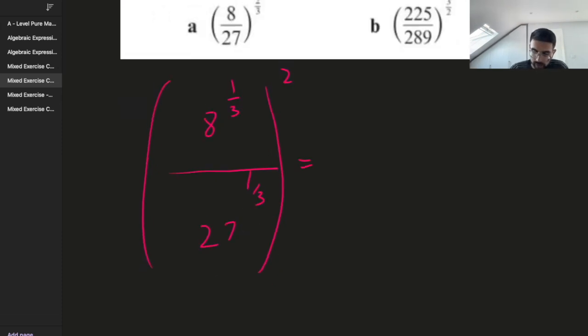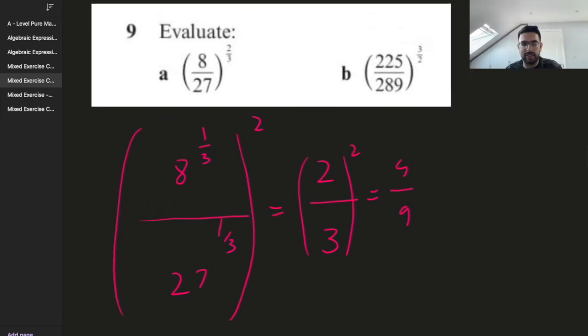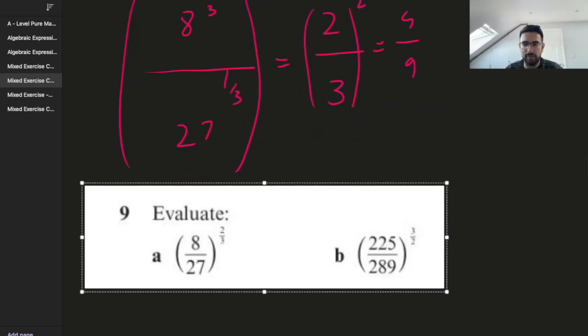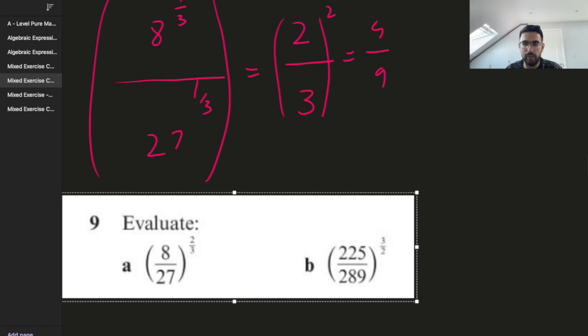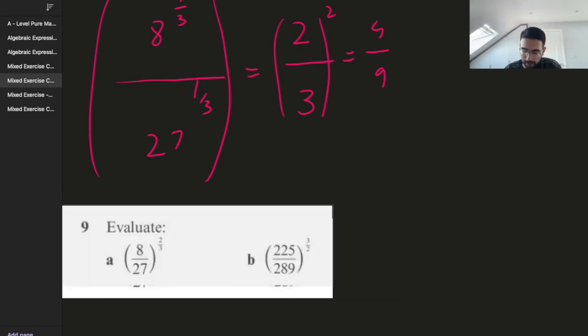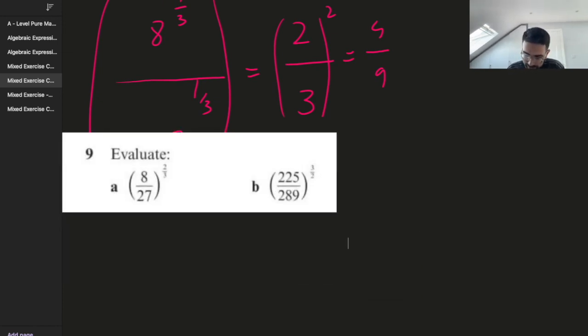The cube root of 8 is 2, and the cube root of 27 is 3, and this is going to be squared. So we're just going to end up with 4 over 9 as our answer. Now let's copy this question and do something similar for part B over here.